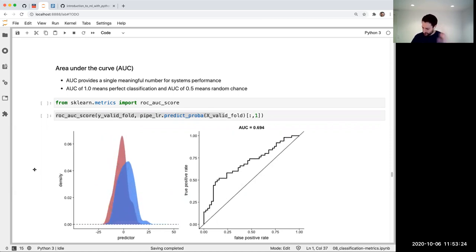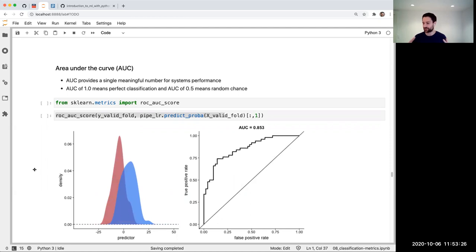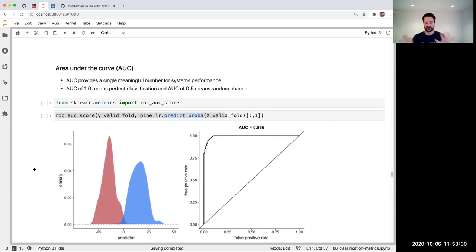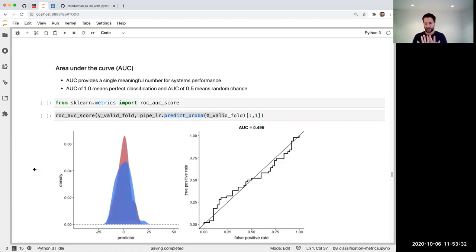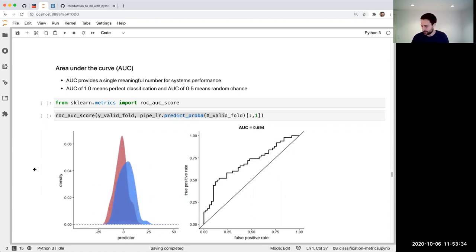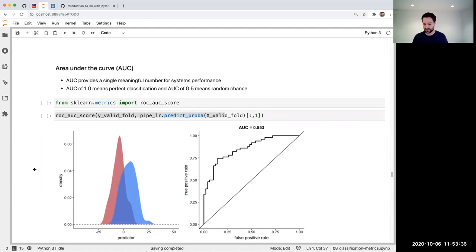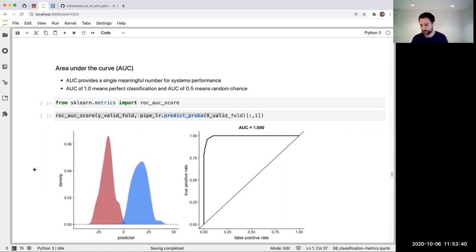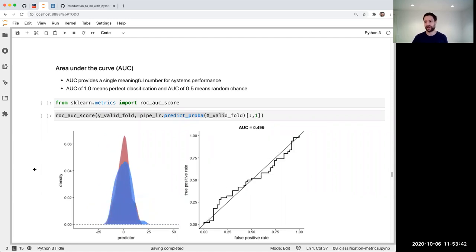So a mindset to think about what is imperfect about what we're doing here is that those two histograms are actually kind of overlapping, which means we have some cases where it's really a fraud, but predict proba is outputting 0.2, or it's really not a fraud and predict proba is outputting 0.7.